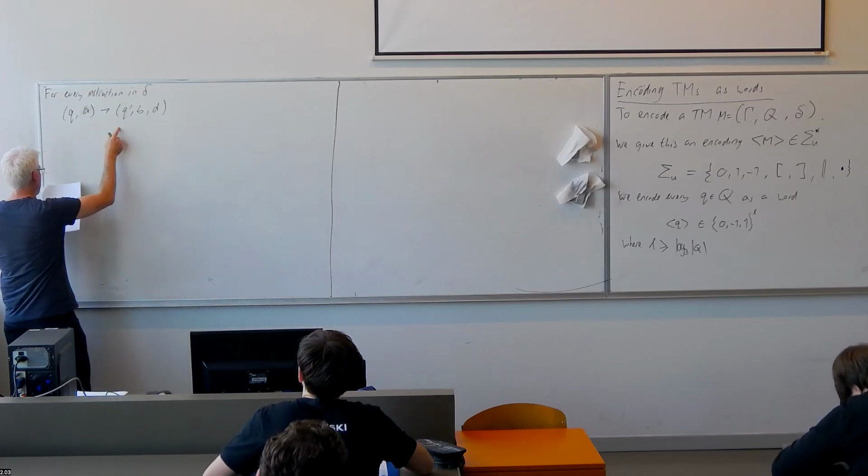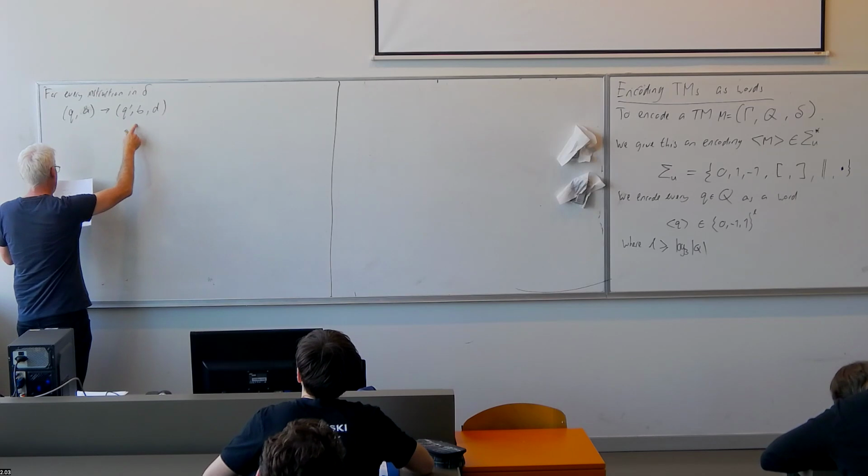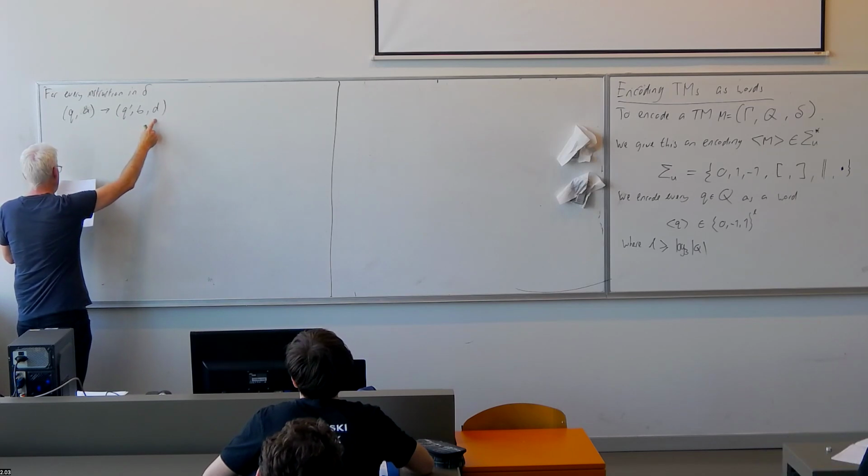Here Q and Q prime are in Q, A and B are in gamma, and D is in -1, 0, and 1.